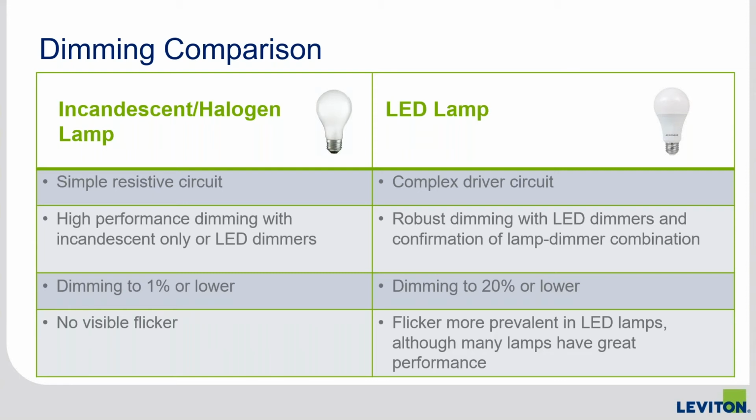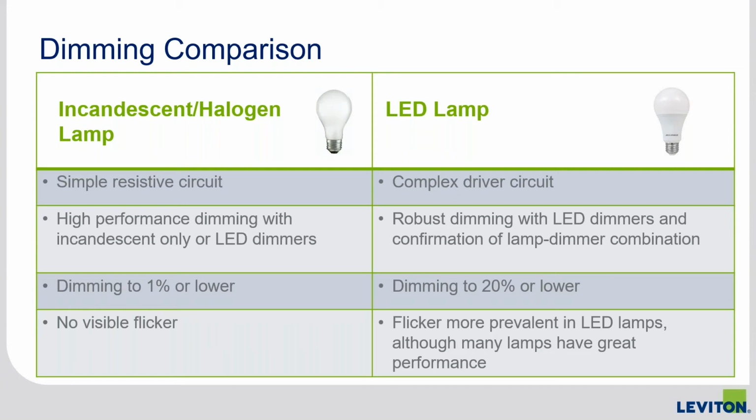When we talk about LEDs, all of the efficiency that we're getting with LEDs causes some of those dimming issues. When we try and do things with very small amounts of power, things can potentially become more unstable. A good target for LED dimming is 20% or lower, although you'll see in many cases dimming can get down to even 10%.